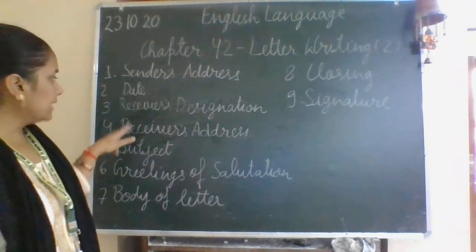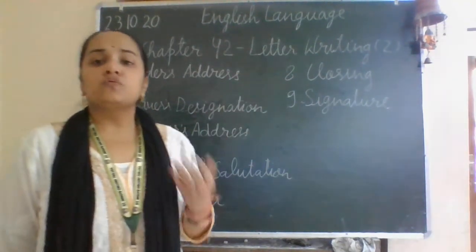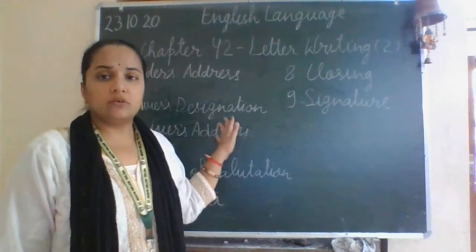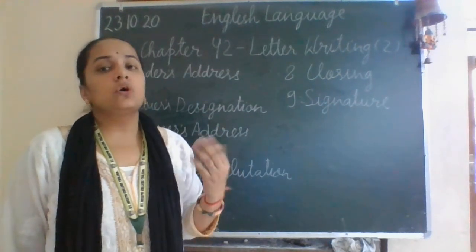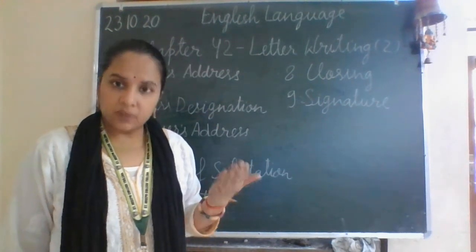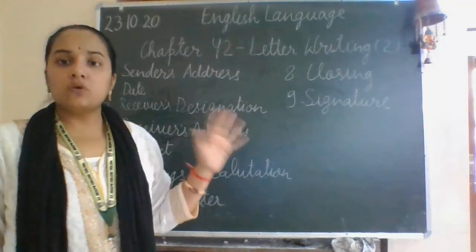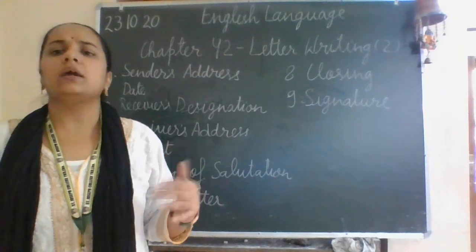Then after that, the receiver's address means the one to whom you are sending the letter. You will write the address of that person here. Suppose if you are writing an application to the principal of your school, then you will write the address of your school. So a formal letter also includes the application or any kind of request.